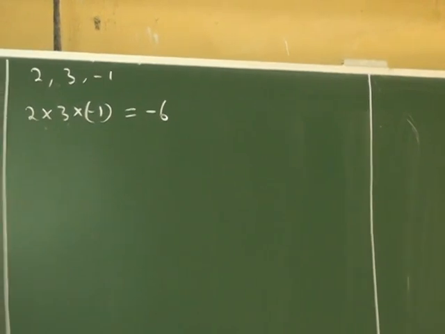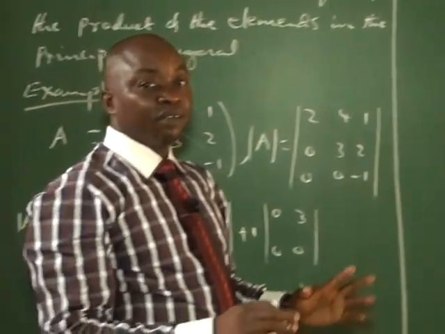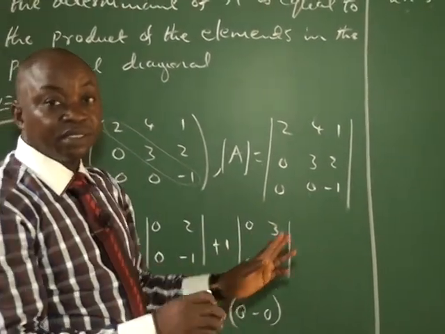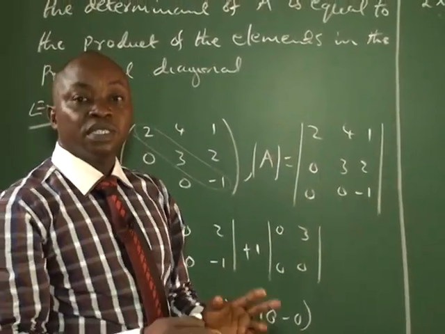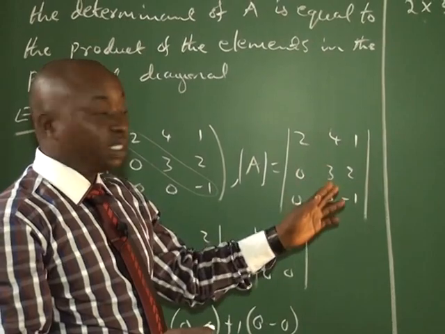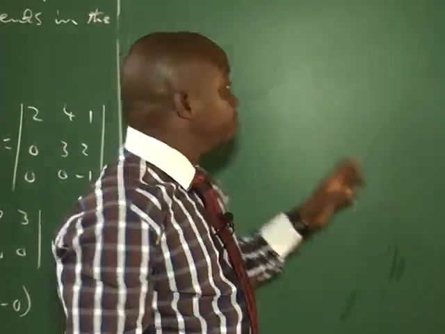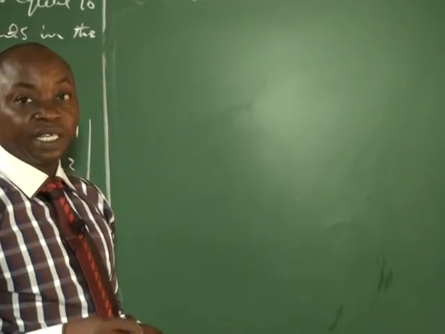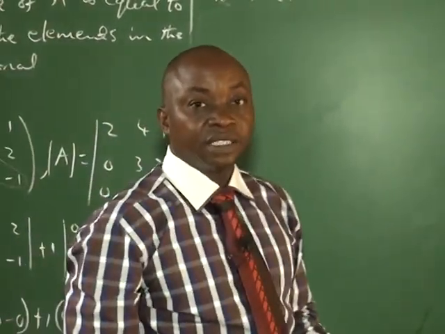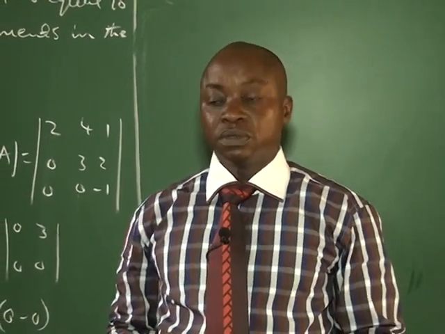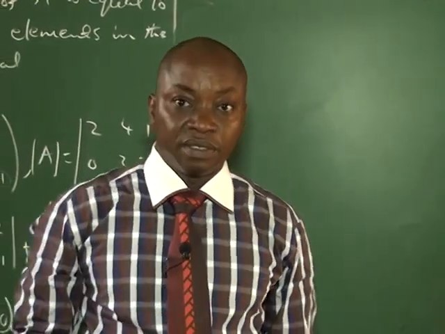Even if it is a lower triangular matrix, provided it is a triangular matrix, the determinant is equal to the product of the elements in the principal diagonal. These are the few properties that we can take, but there are so many properties of determinants. And now let's move forward to the inverse of a matrix.